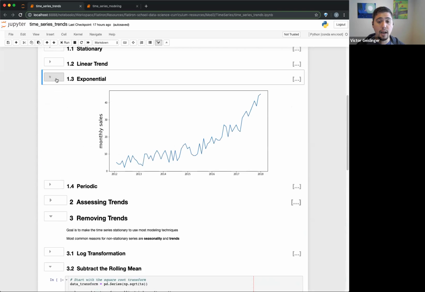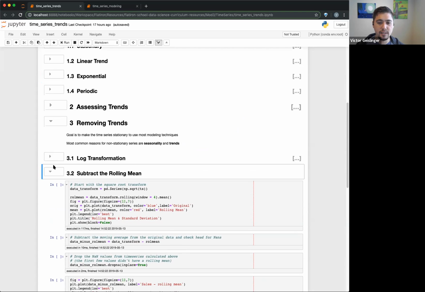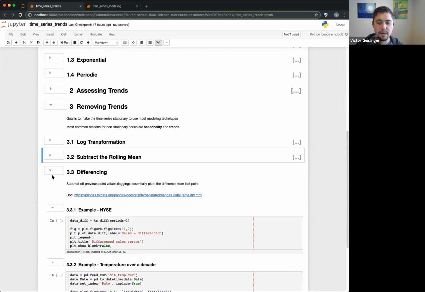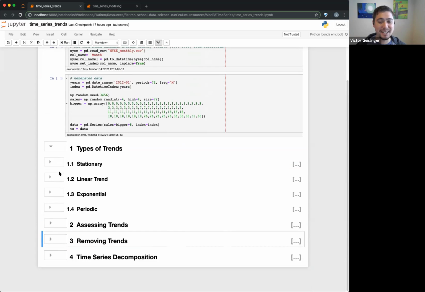I think we talked about removing trends with log transformations, right? I'm not going crazy. Trying to remember now. I don't remember either. No, we didn't. Okay, so good. That's what we'll talk about today.